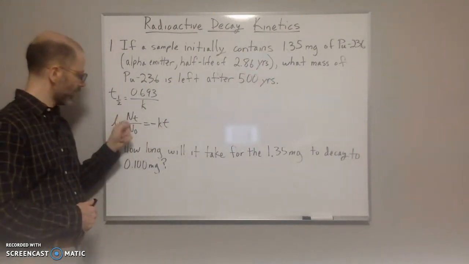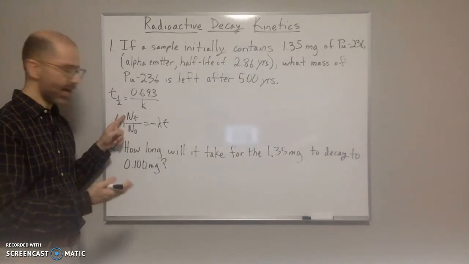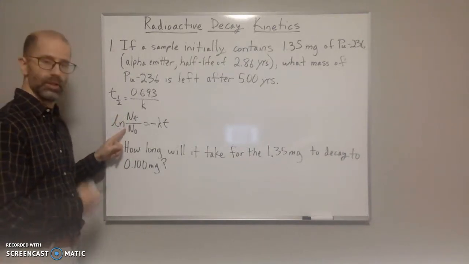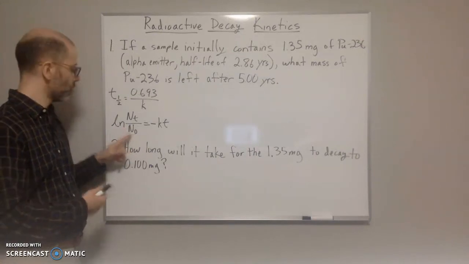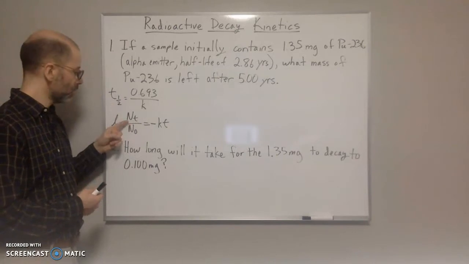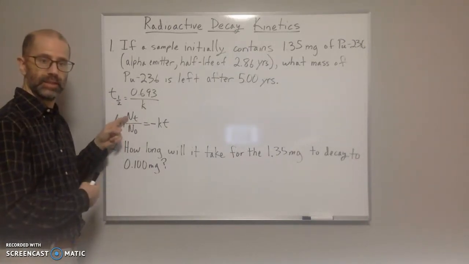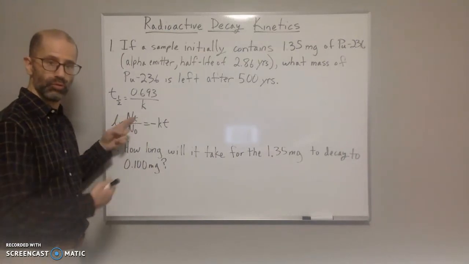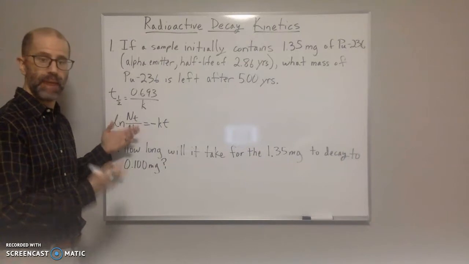And so here we have the number of nuclides after a certain time over the number of nuclides initially started with. Because we're dealing with the same atom here, we can replace the number of nuclides, or moles of nuclides, with mass.